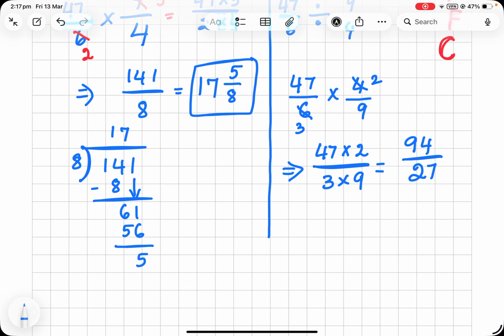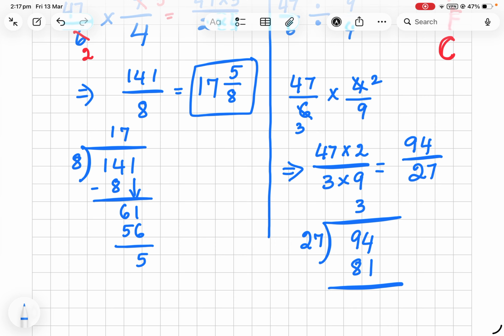It's again an improper fraction because the denominator is smaller than the numerator. That's how we judge. So you have 94 here. Now roughly 27, you can do 27 times 3 and see if it is close to 94. So 27 times 3 is 81, and your remainder is going to be 13.